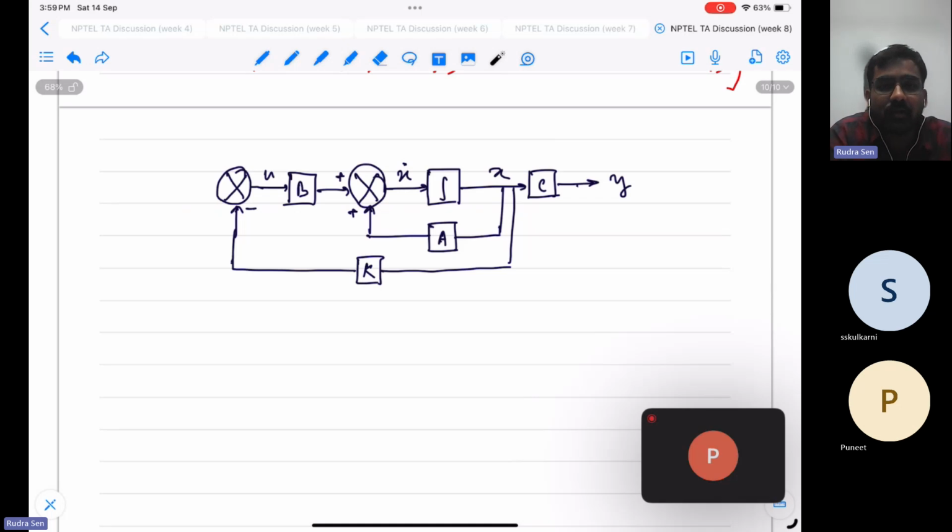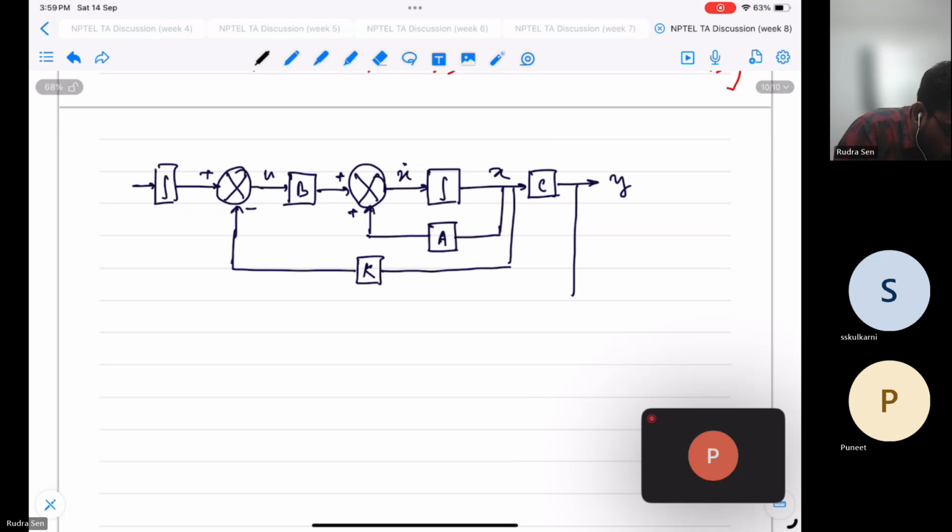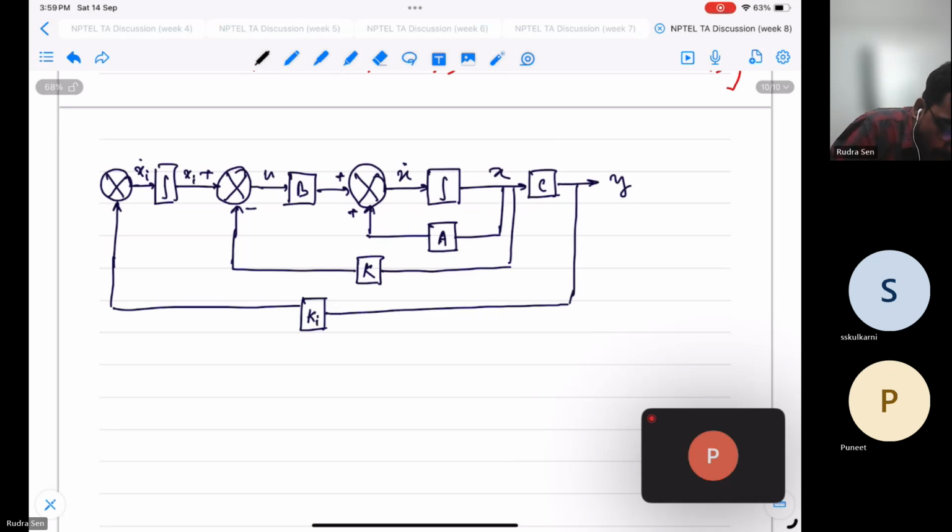This is not dealing with the steady state period. To deal with the steady state period, we need another controller, that is ki.